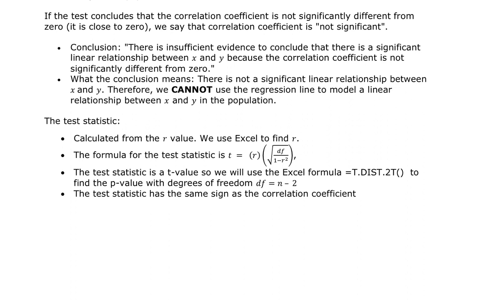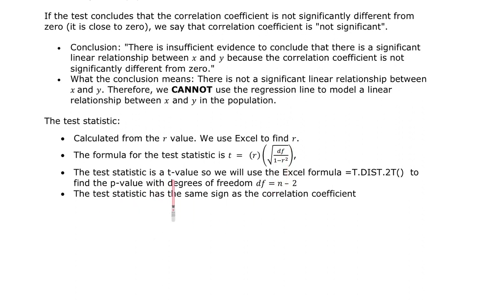A couple of things that you're going to need: you're going to calculate the R value, and we use Excel to do this. The test statistic is going to be a t-value, from a T distribution. T calculated is equal to R, my correlation coefficient, multiplied by the square root of the degrees of freedom divided by 1 minus R squared.